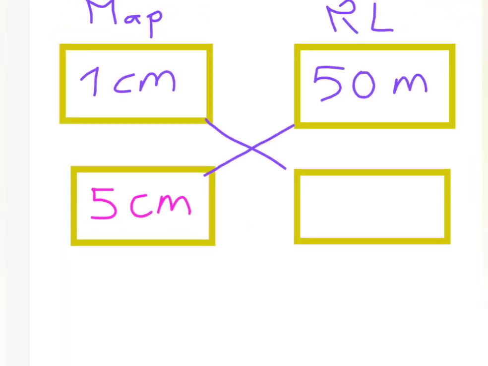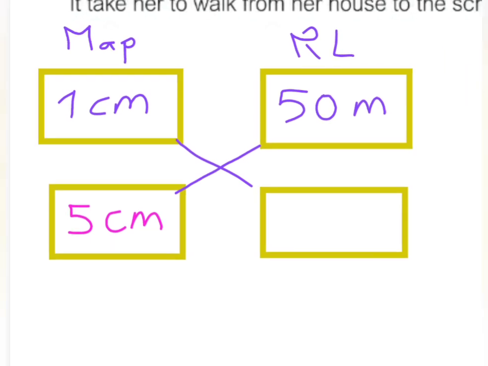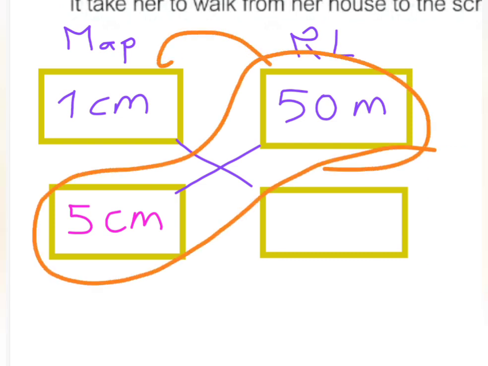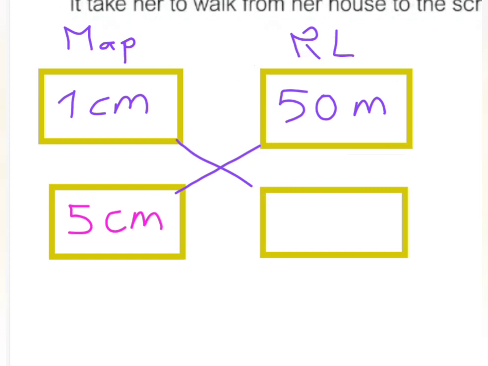I want to find how many meters in real life. So using the X method, what do I do? Very good. Multiply the ones connected with a line and then divide on the one which is alone. So I multiply 5 by 50 because they're connected with a line, and the answer will be 250, and then divide it on 1, and it's going to be the same 250.